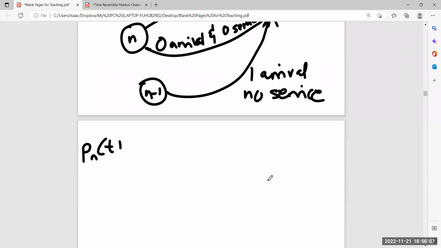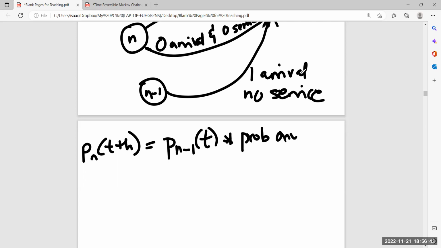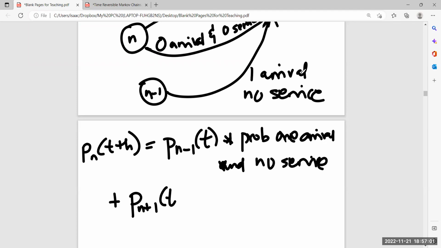So Pn(t+h) means the probability that there are n persons at time t+h. That means that there were n minus 1 persons at time t, and the probability of one arrival and no service, plus the probability of n plus 1 at time t.